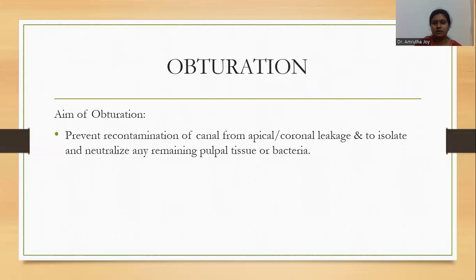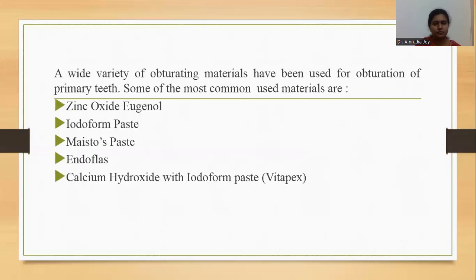Because the primary tooth has so many accessory canals, we need to neutralize the pulp tissue present in those accessory canals. So many materials have been used for obturation of primary teeth. Examples are zinc oxide eugenol, iodoform-based pastes, Maisto's paste, Endoflas, and calcium hydroxide iodoform mixture paste.